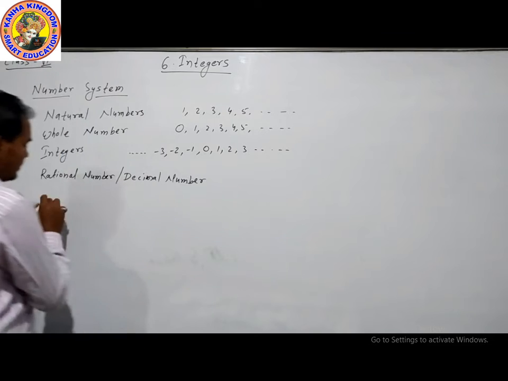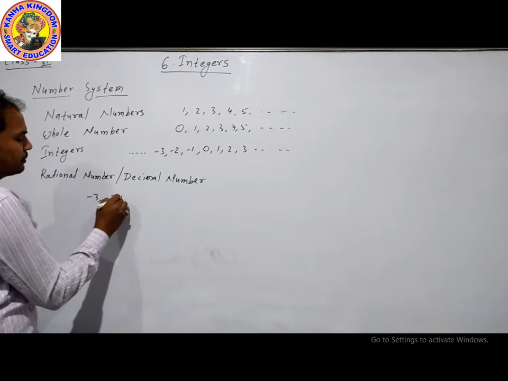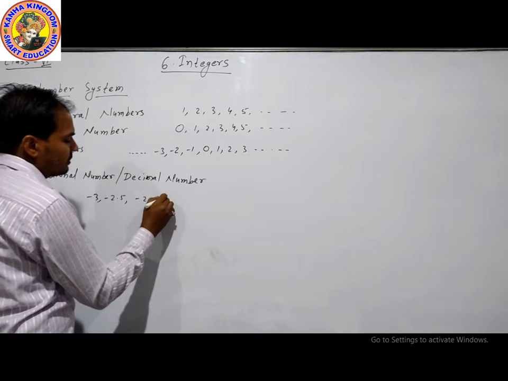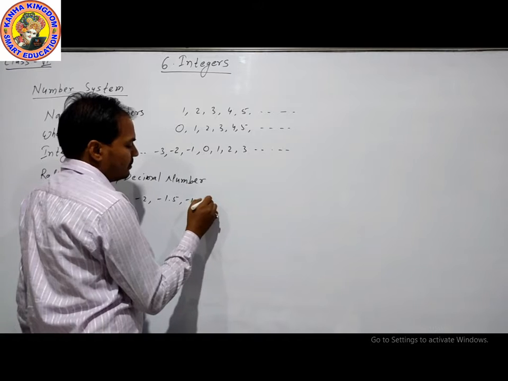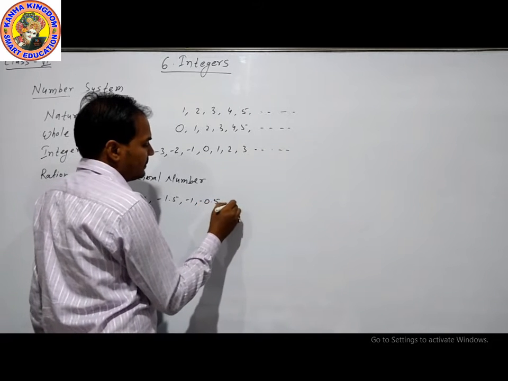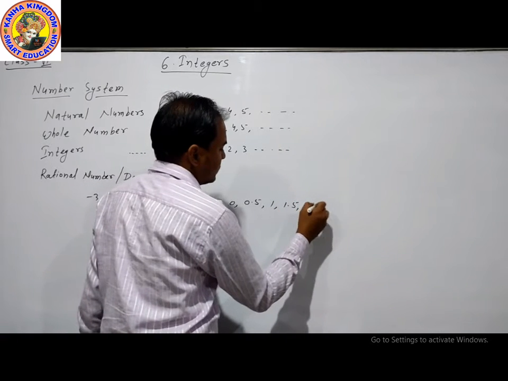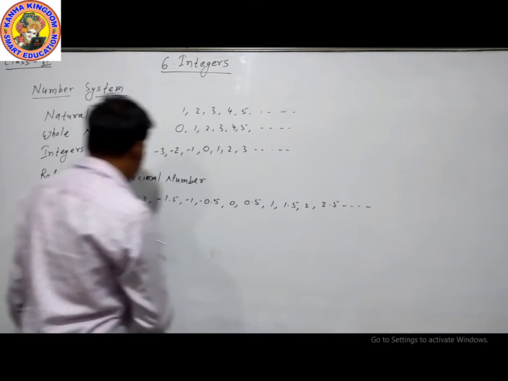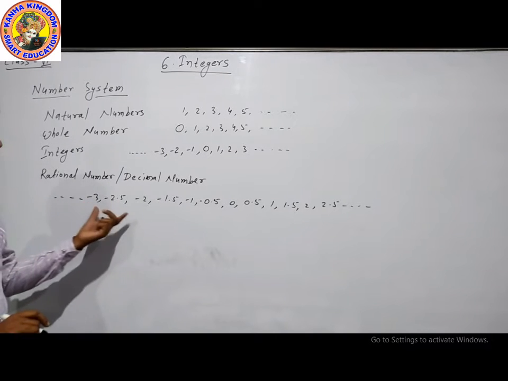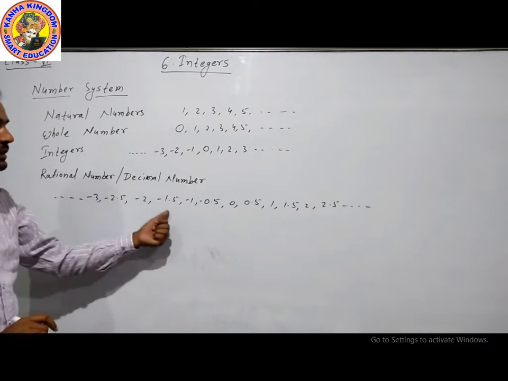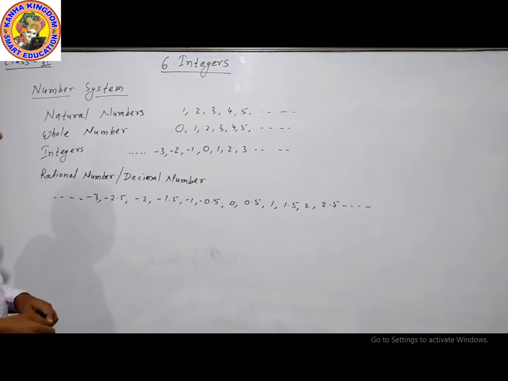In these numbers: minus 3, minus 2.5, minus 2, minus 1.5, minus 1, minus 0.5, 0, 0.5, 1, 1.5, 2, 2.5, etc. These are decimal numbers. In decimal numbers, the integers and decimal numbers are also included.